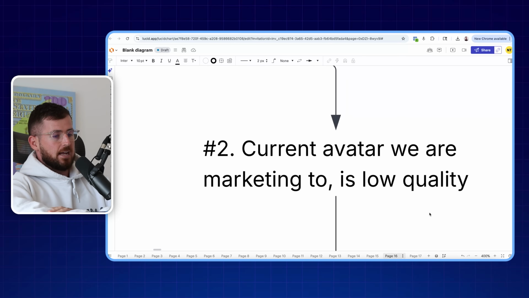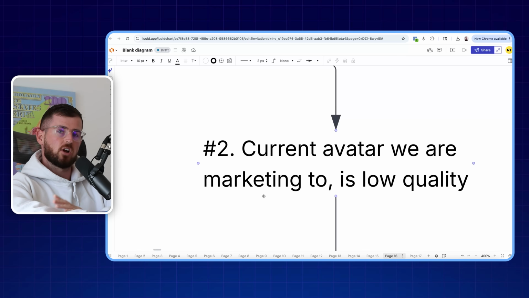Number two is that the current avatar we are marketing to is low quality. Long story short, we're selling $70 breath spray to make your breath smell better so that you could kiss girls. And that's what we were marketing to guys. We were just attracting a bunch of horny men that want to get laid. That was the only marketing for this product that was working, showing guys getting kissed by attractive girls.